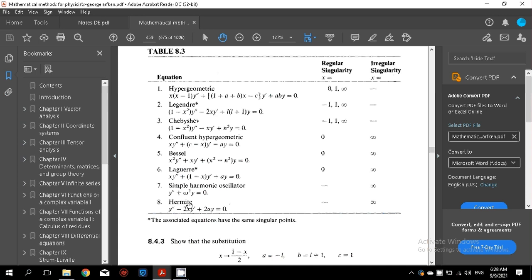So most important of these are the Bessel's differential equation, the Legendre differential equation, which is the next common differential equation, and we have the Hermite differential equation and simple harmonic equation.